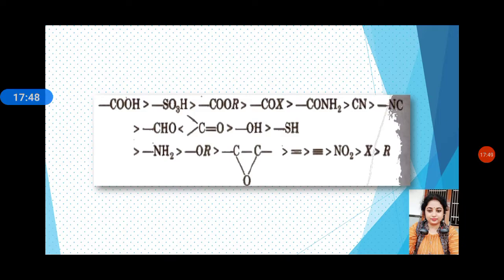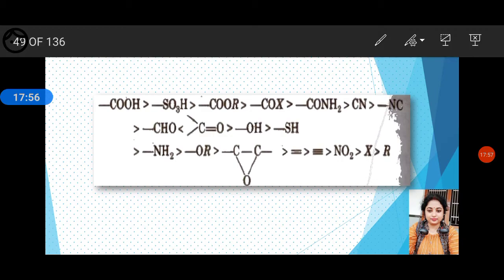Here the priority is shown. This is the priority list. In this you can see that this is the boss. If it is present with any other group, this will take priority.